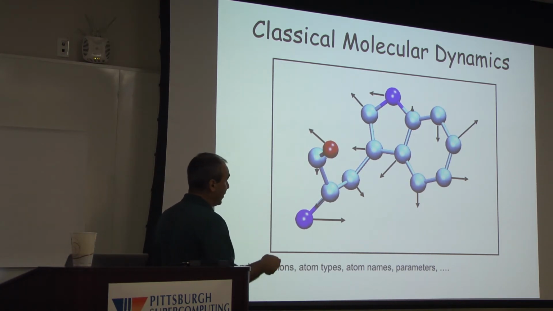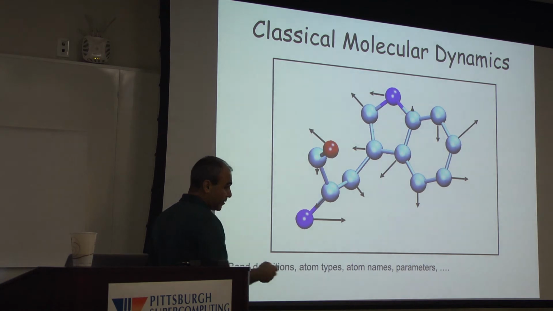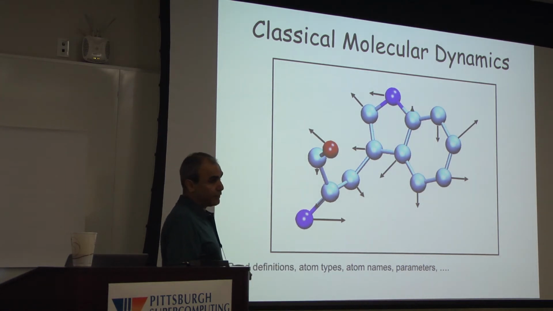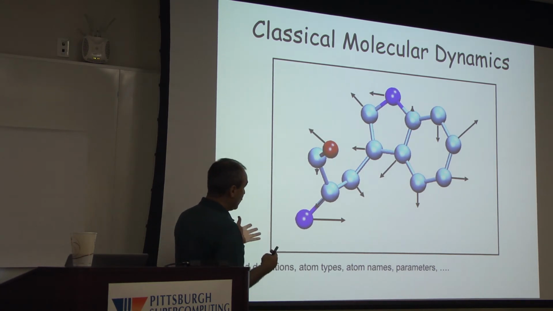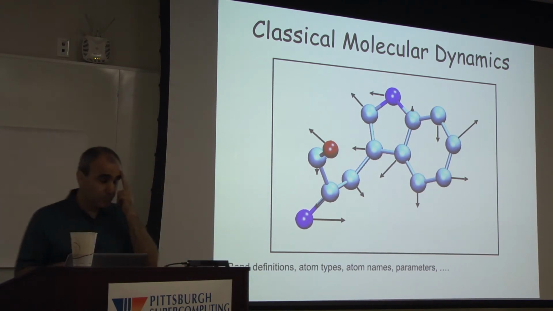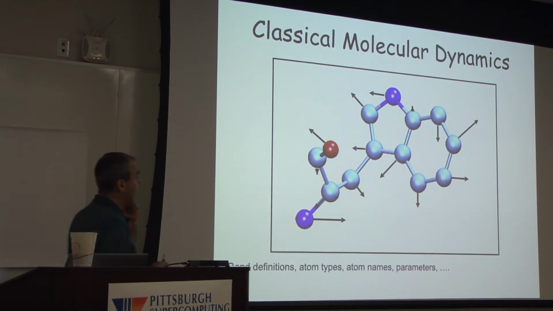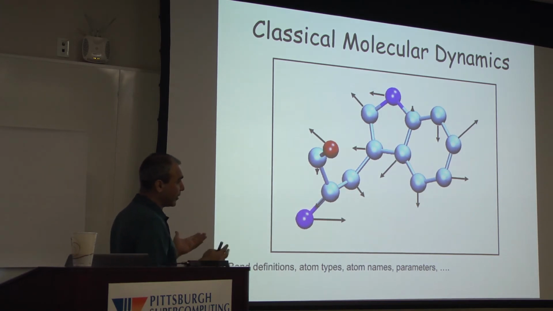What is most common is to look at bonds, bond angles, and dihedral angles, and sometimes a couple of additional bonded terms to describe the behavior of the molecular system. There are lots of spectroscopic measurements, and from those we know how the system vibrates and what the conformations are.